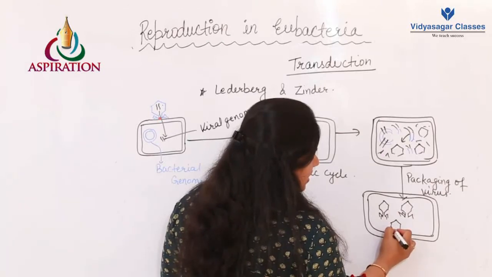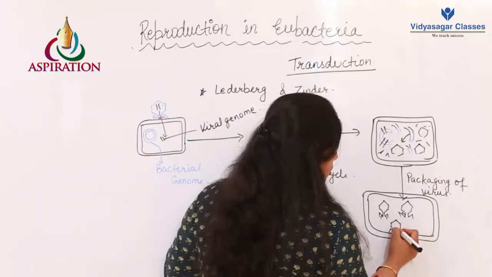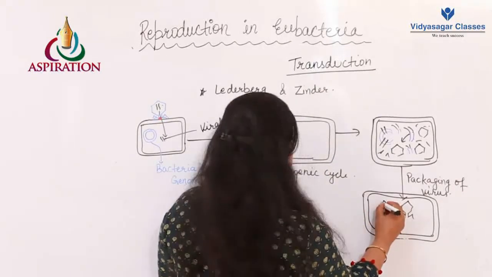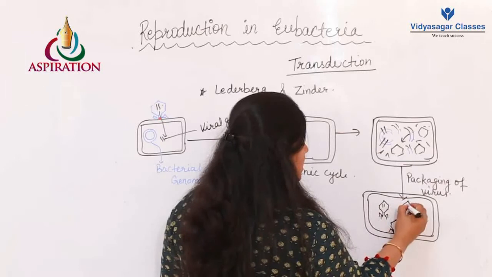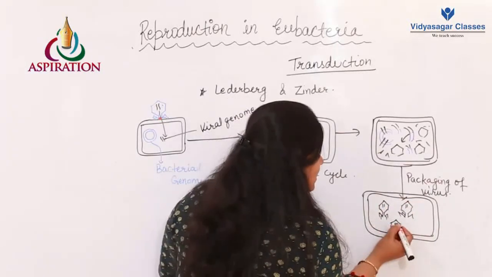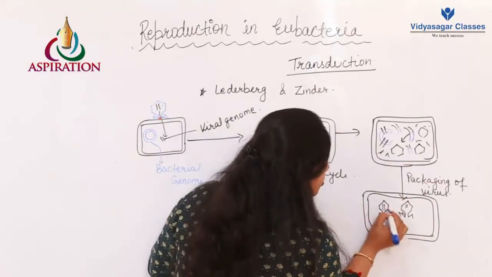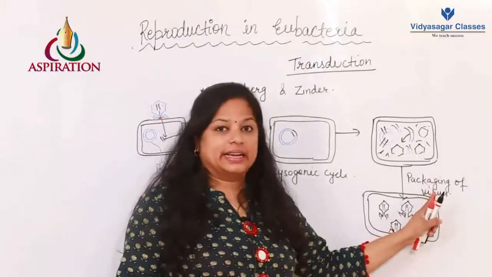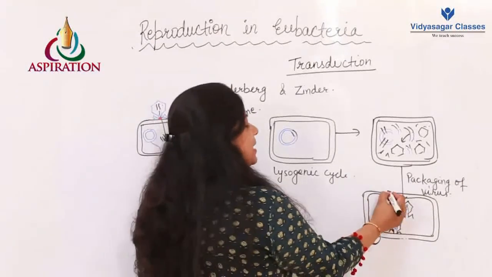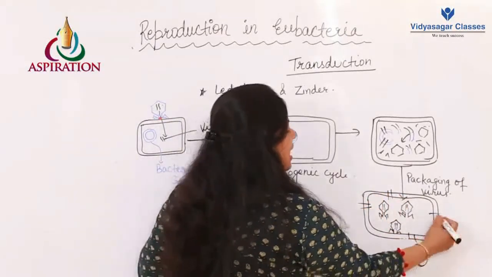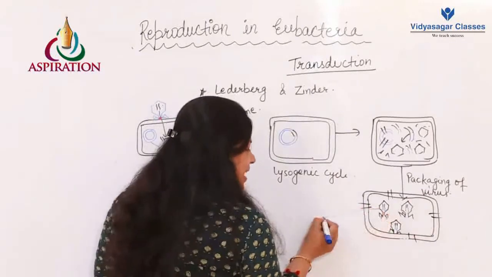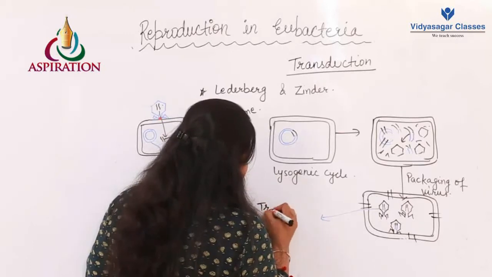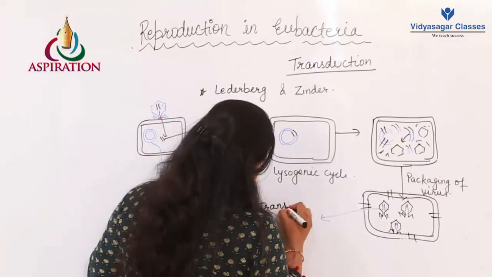Here there is assembly of all the components to form the bacteriophage along with its genome, which contains a part of the bacterial genome as well. When packaging is done, it lyses the bacterial cell and releases these bacteriophages, which are the real transducing viruses.